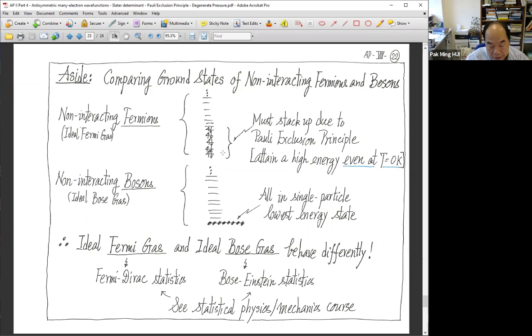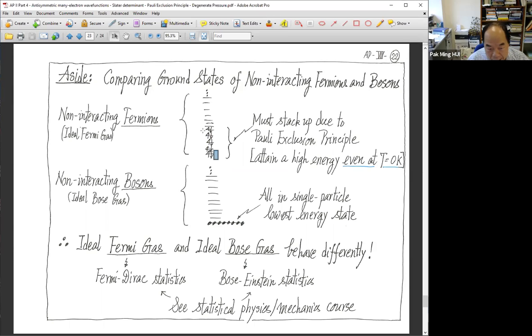Even for the ground state of these 10 fermions, they have to step up in energy because Pauli says you cannot put another one in either up spin or down spin. And we saw the origin of that has to do with the anti-symmetric wave function requirement. Okay?